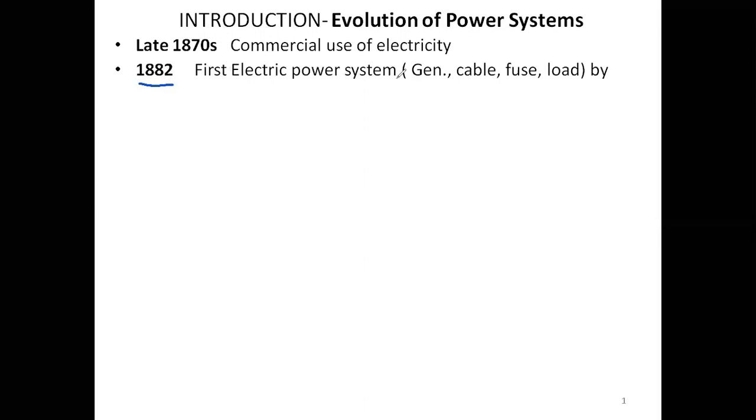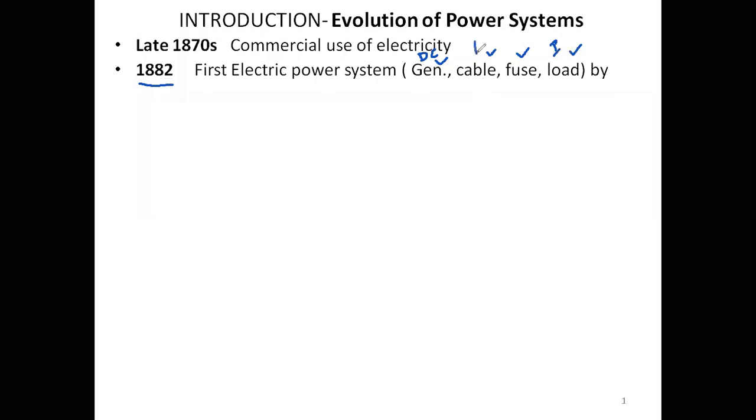This first electric power system consisted simply of a generator, cable, fuse and load. The generator was a DC generator, and the load was simply an incandescent bulb.